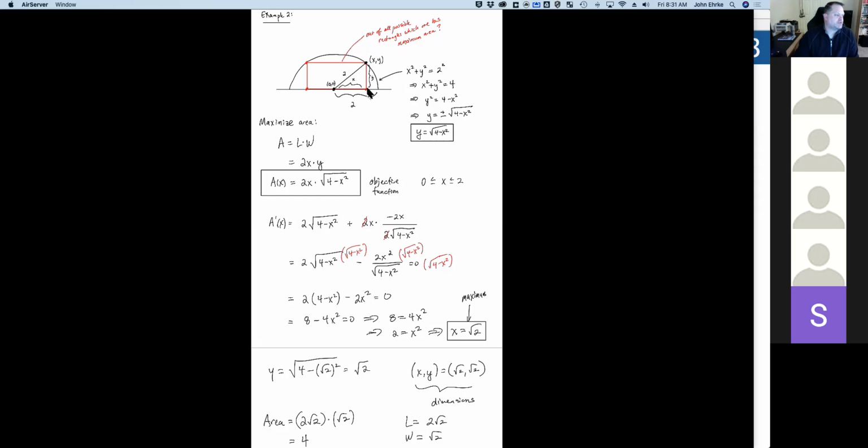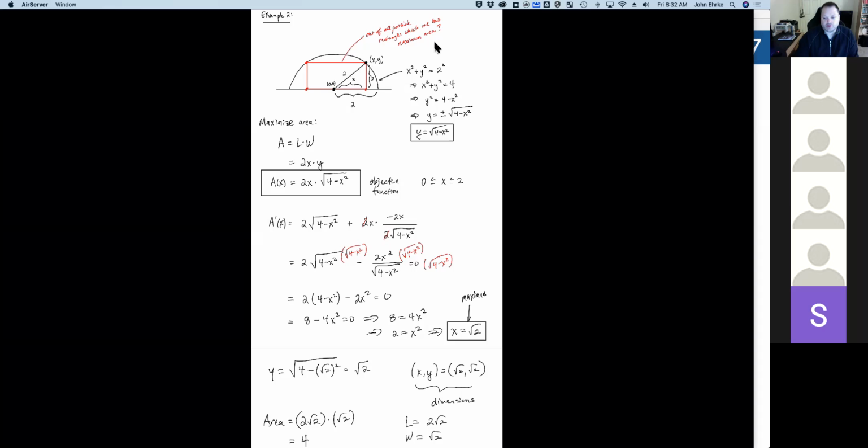Sorry, since this is square root of 2 and this is square root of 2, it is a square on this half, so it's 2 squares. So this is actually a 45-degree angle here.